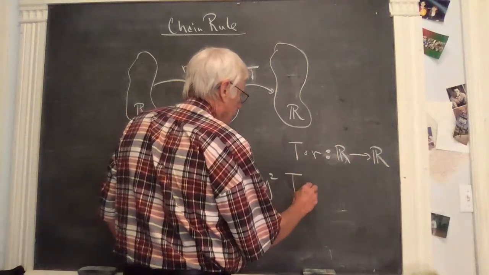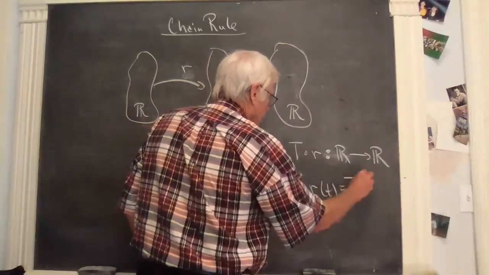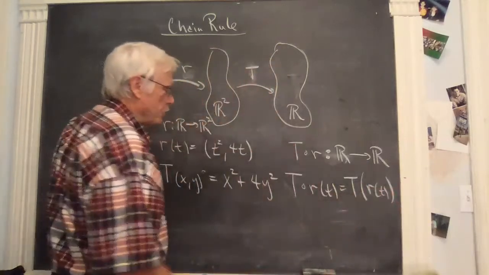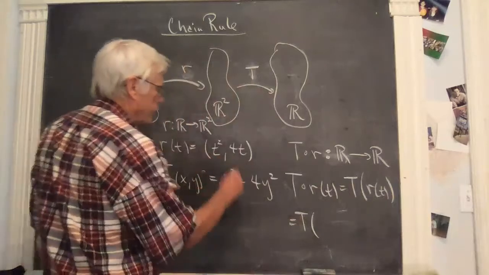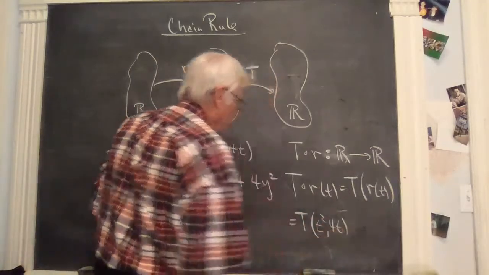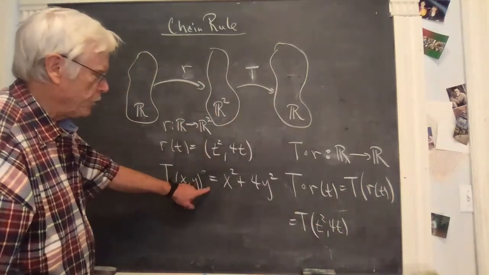So T composed with R of T means T of R of T. First of all, we compute R of T, and that's the ordered pair (t squared, 4t). And then we plug that in to the formula for temperature.